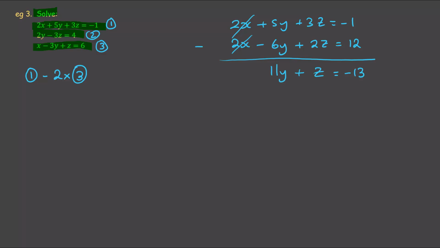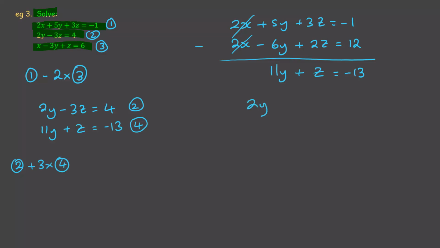So now we have equation 2, which is 2y - 3z = 4, and 11y + z = -13. Let's call this one number 4. Then what I can do is equation 2 plus 3 lots of 4.